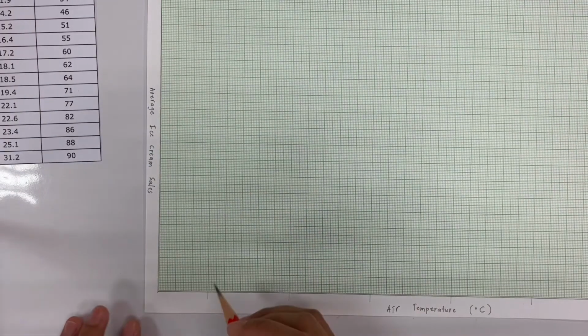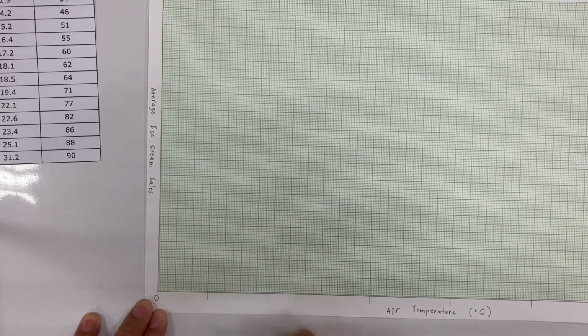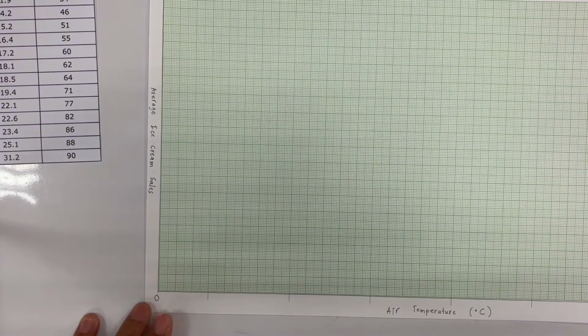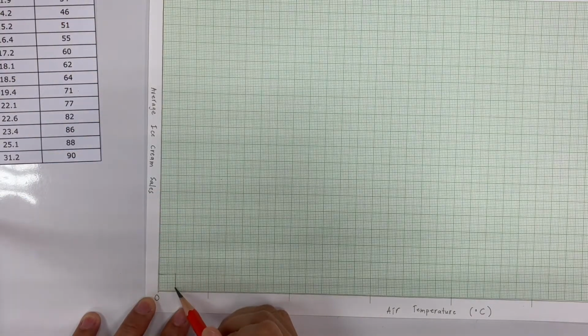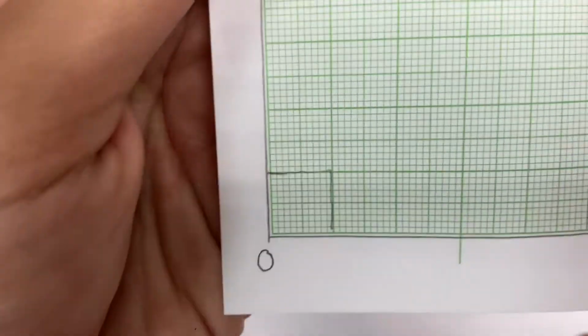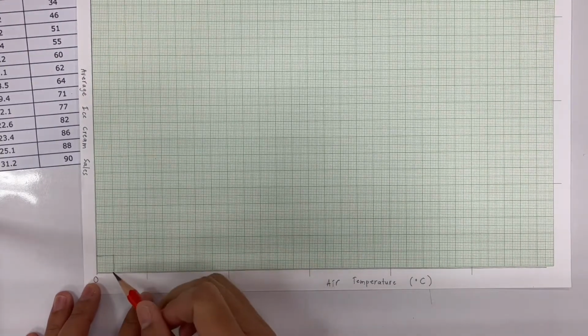Next, we will draw a number line. Always start at 0. Count how many squares there are on each axis, and it looks like this. Place a mark on each square along the x-axis.